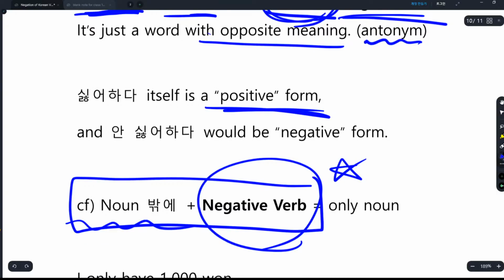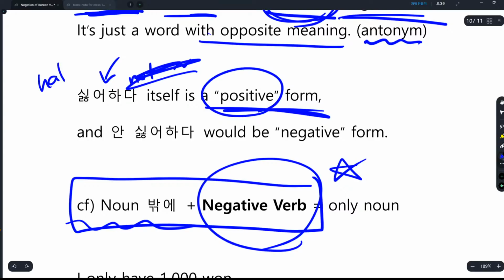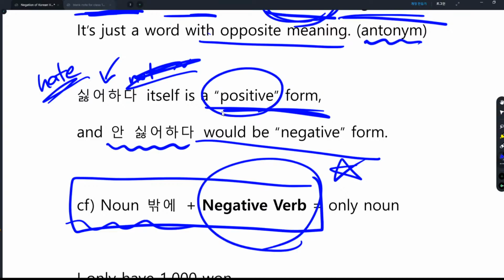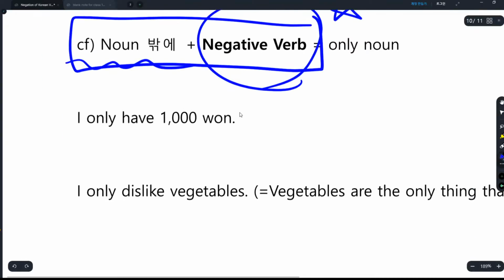Sure, it has a negative meaning, but grammatically speaking, it's a positive form because it doesn't mean to not do, right? It just means to hate. So grammatically, this is a positive form, and 안 싫어하다 would be the negative form, and there's a reason why I mentioned this, guys.